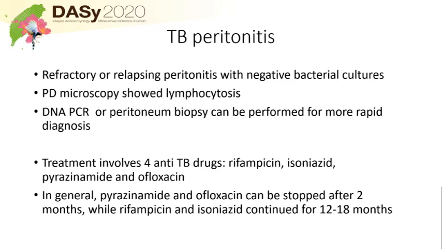DNA PCR or peritoneal biopsy can be performed for more rapid diagnosis. For treatment, it involves 4 anti-TB drugs: rifampicin, isoniazid, pyrazinamide, and ofloxacin. In general, pyrazinamide and ofloxacin can be stopped after 2 months, while rifampicin and isoniazid continue for 12 to 18 months.